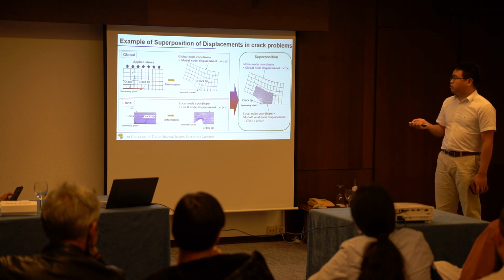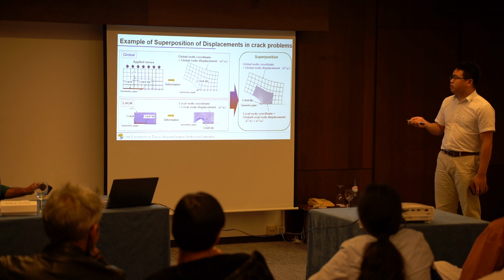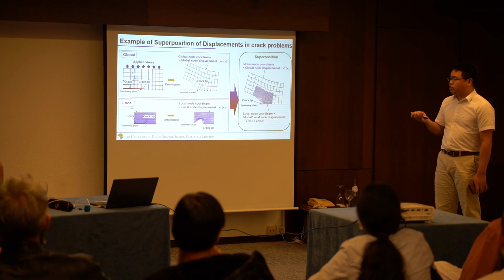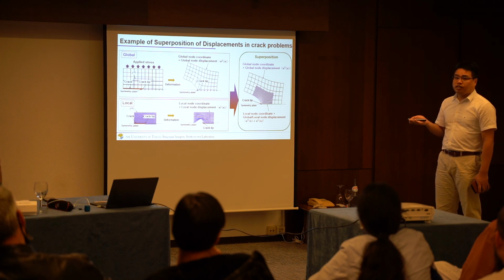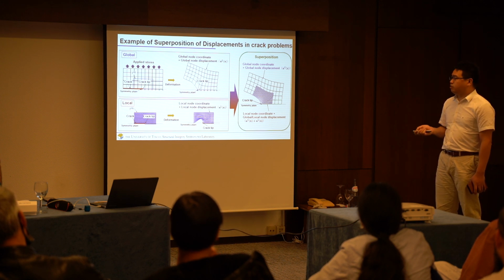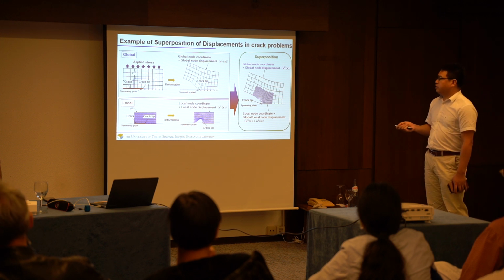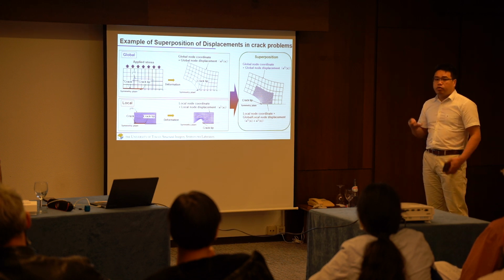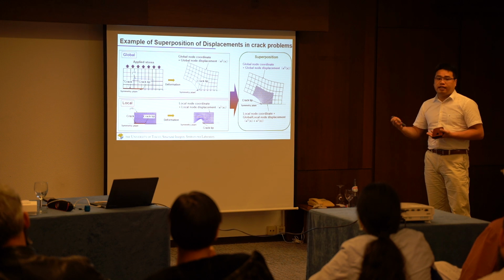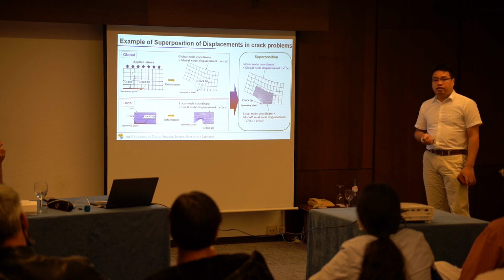And this solution of displacement from the global mesh only is indeed not accurate. That paper was published in 2020, and we compared the displacement field. After the superposition of the displacement from the local mesh, we can get a high accuracy of displacement as presented in this figure. So we compared with the analytic solutions in both 2D and 3D.